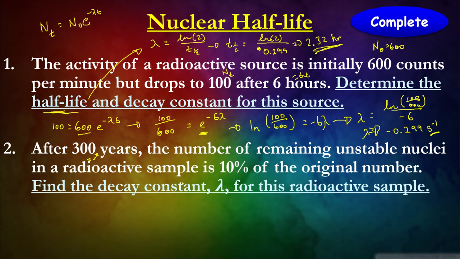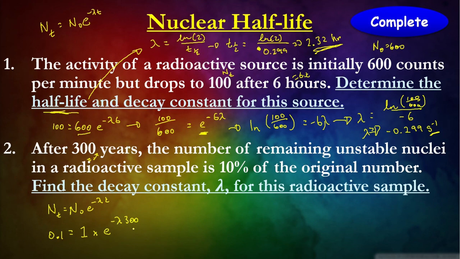So we could say in our equation, N equals N0 e to the minus lambda t. So we can say this is 0.1 to represent 10%, the original is equal to 1, the exponential times this value times 300.